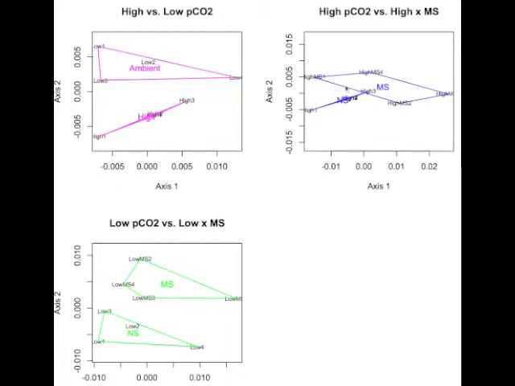No, because these are only high CO2. So you would expect some similarity because they're all at high CO2. But my hypothesis is that the resources at the protein level are going towards the CO2 response, and so they're not responding as greatly to the mechanical stress.